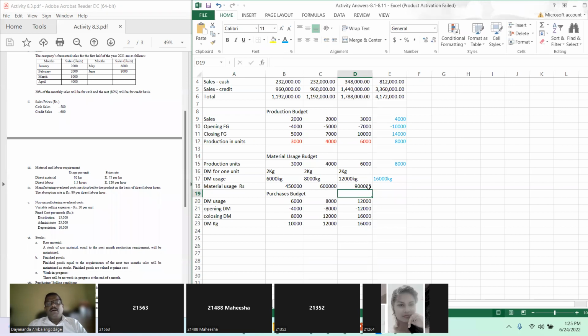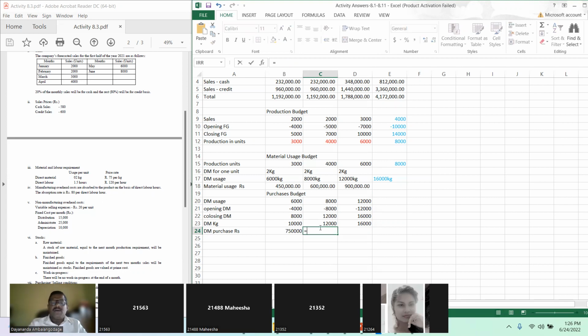Basically in rupees. But what you can do further, if you want, is convert direct material purchase in rupees. How do you do it? Just multiply this 10,000 by 75, so much of material.